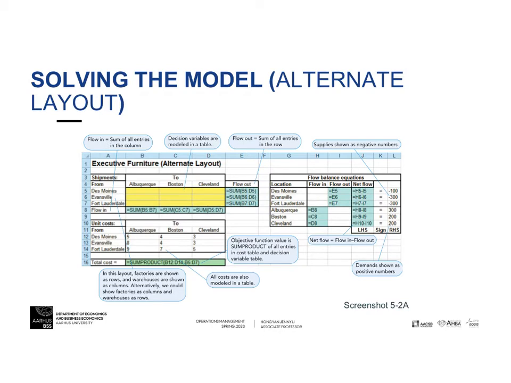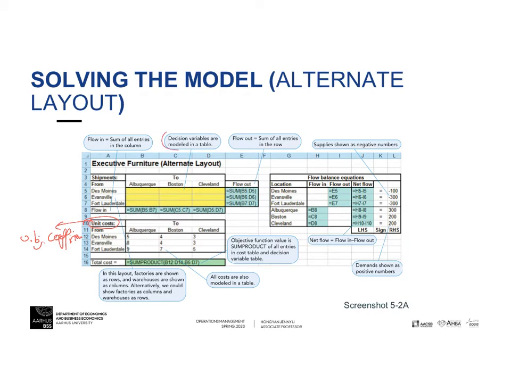In this system, there is still no problem for your constraints, because the unit costs, the objective function coefficients, are in this part, and the decision variables are still marked as yellow.